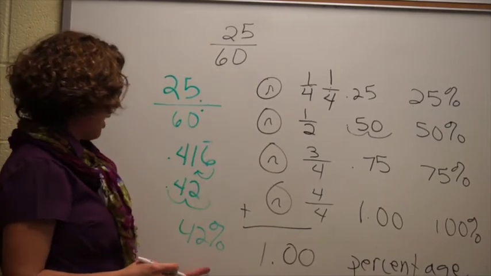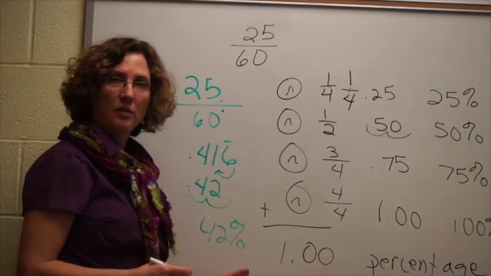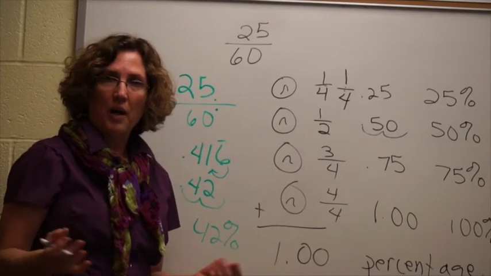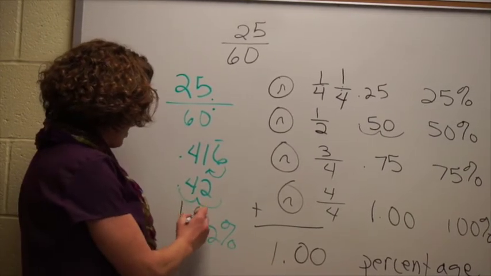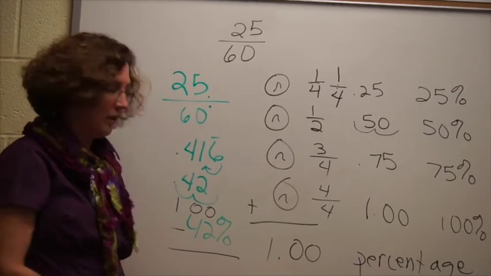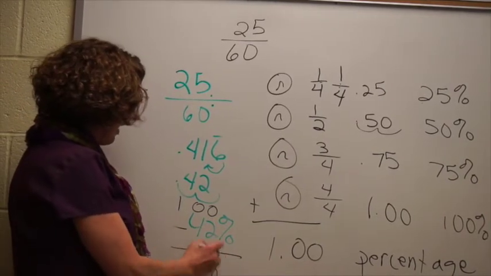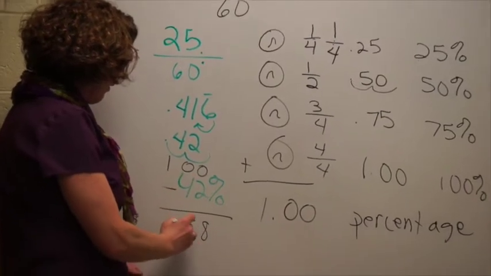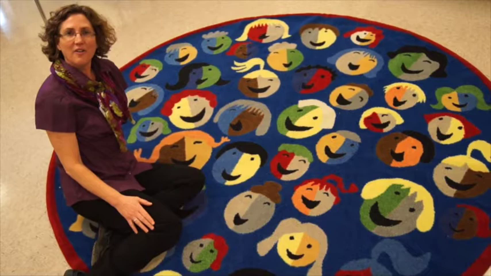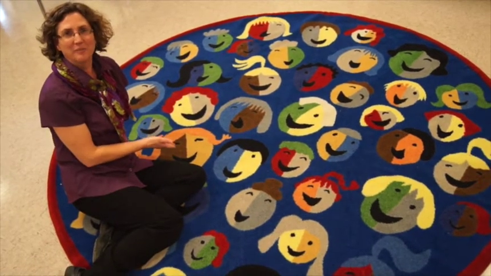You just figured it out, 42%. And then of course we know that percentage is based on 100 parts. So if we want to know how many men are in the room, all we need to do is subtract. 10 from 2 is 8, 9 from 4 is 5. 58% are men.